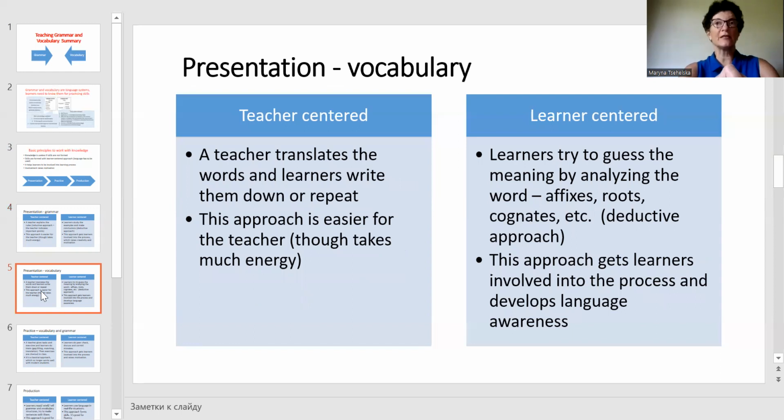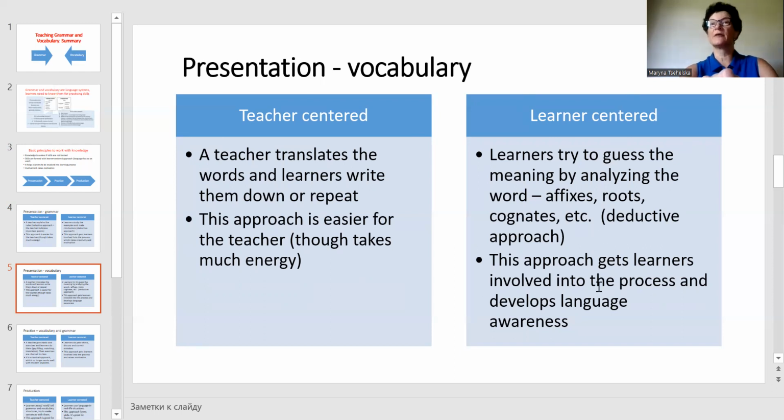So when you present vocabulary, we also can have these two ways of presentation. You can either translate and ask your learners to repeat after you, or your learners may try to develop their language awareness by analyzing the words, by guessing the meaning of the word.